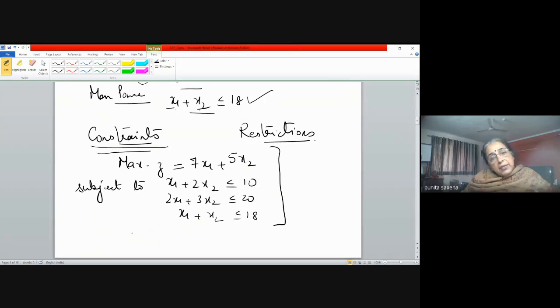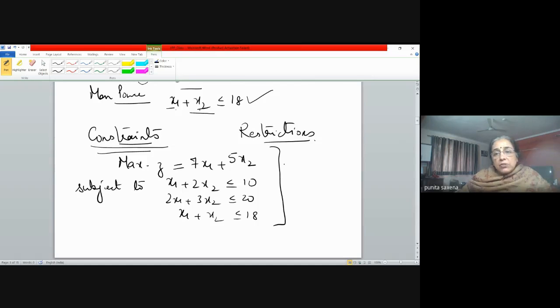But physically they are nothing but the number of chairs and tables. As I was explaining yesterday, I do not have to consider those values in which x1 and x2 are negative, because physically they do not have any significance.